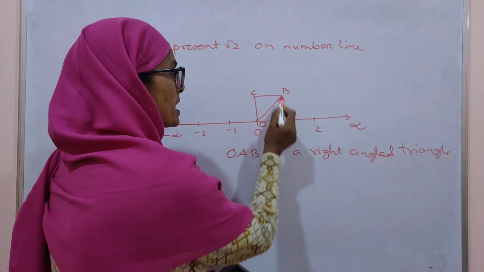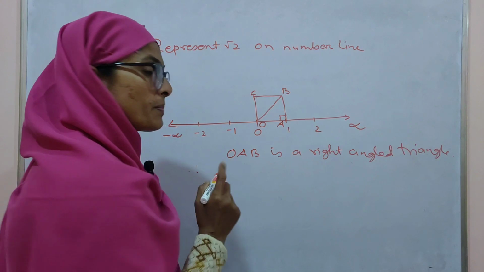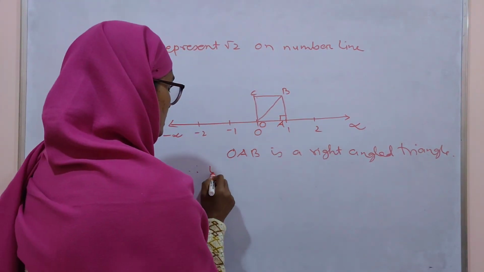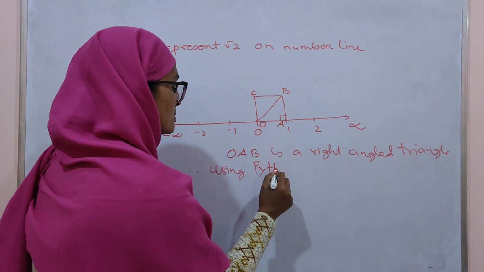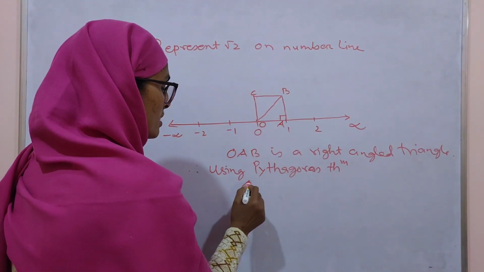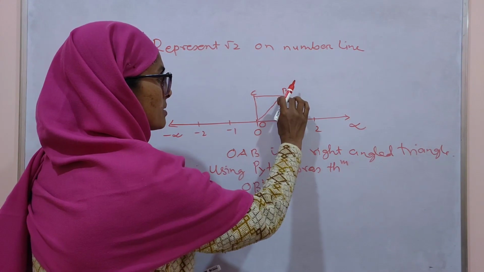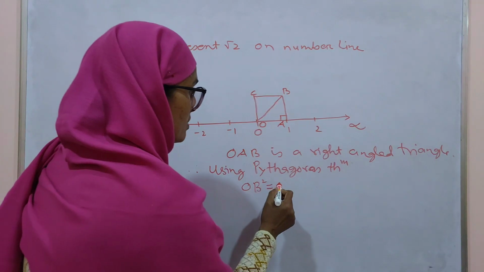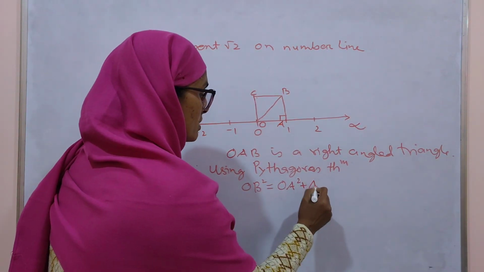Since OAB is a right angle triangle, using the Pythagoras theorem, diagonal square equals base square plus height square, that is OA square plus AB square.